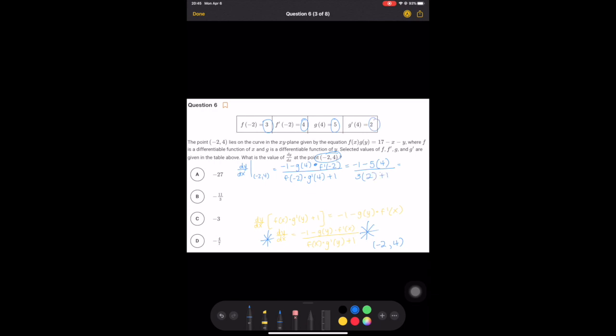So we have negative 1 minus 20, negative 21 on top, over 6 plus 1, 7. Hopefully this is one of the answers. Yeah, negative 3, got it. Okay, so negative 3, that's the final answer there. Let's keep it going.